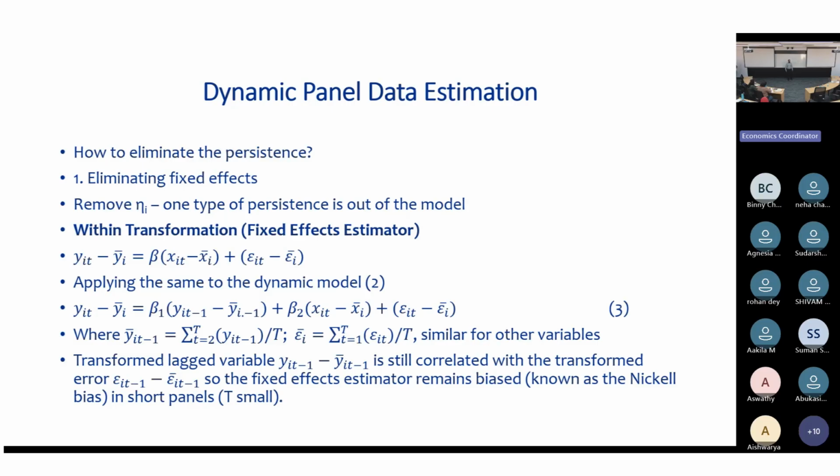Because we are using eta i only, we are not using mu t. It says that we are looking only at the individual heterogeneity effect. We have not looked at the time-specific effect. If you want to model it fully, you add it. I just ignore that part. The assumption is that it is getting captured here.